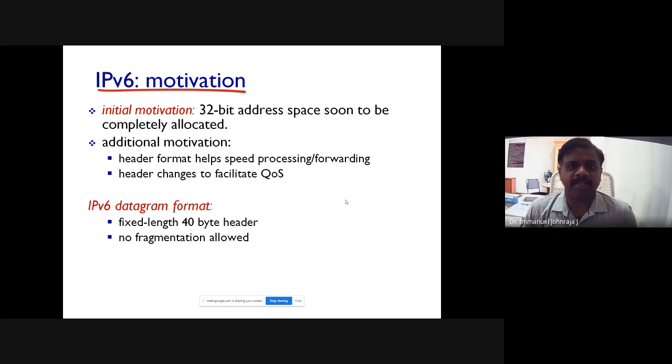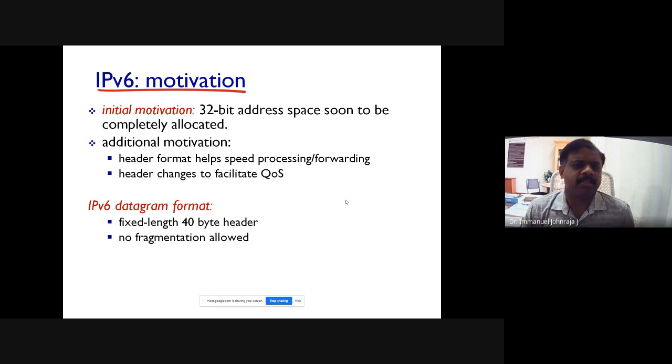The necessity of IP addressing has become inevitable. That's the reason IPv6 was born. It has an address space of 128 bits, whereas IPv4 has a maximum of 2 power 32, and IPv6 has 2 power 128. The IPv6 designers claim that every grain of this universe can be addressed using IPv6.